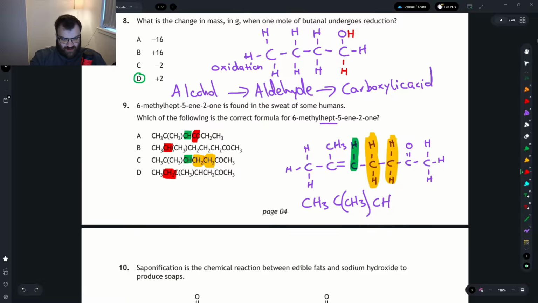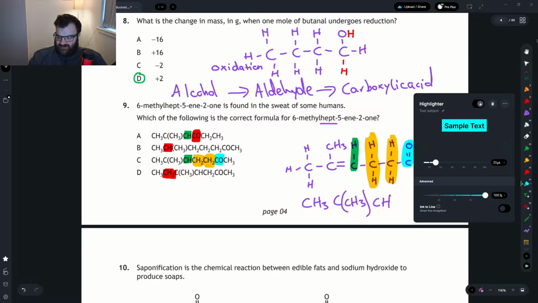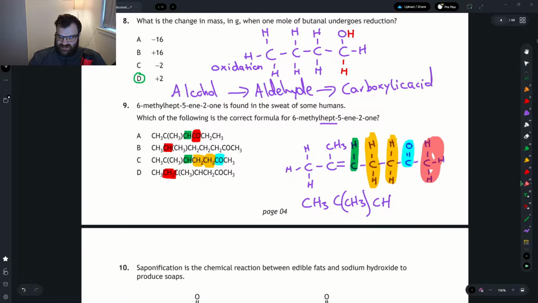So this is the problem area for that one. It's got the C double bond O in the wrong place. Whereas if we keep going, our one does have the CO, and then finally a CH3 at the end. So that does have the same shortened structural formula.